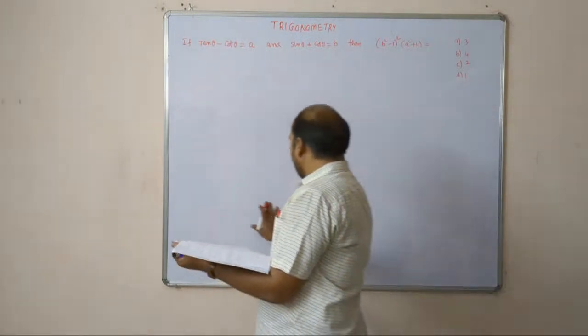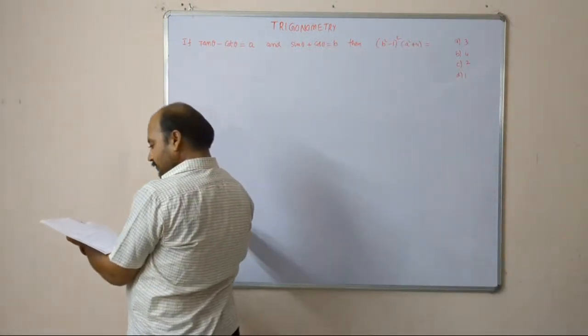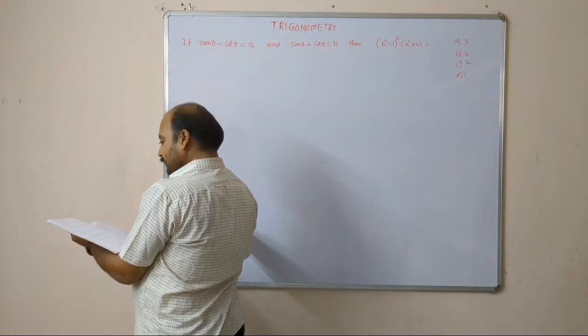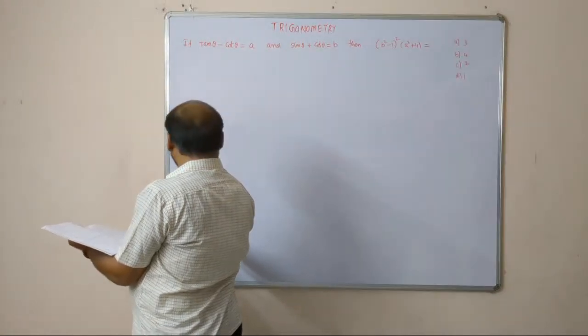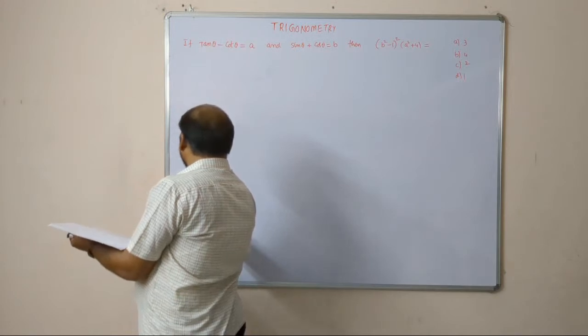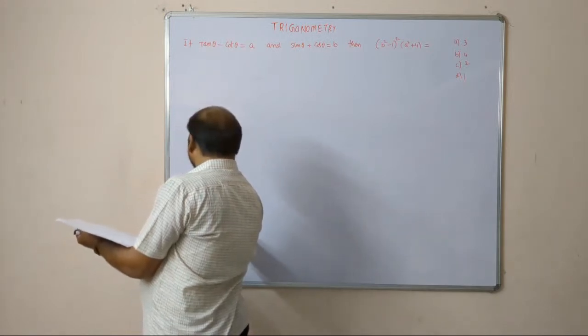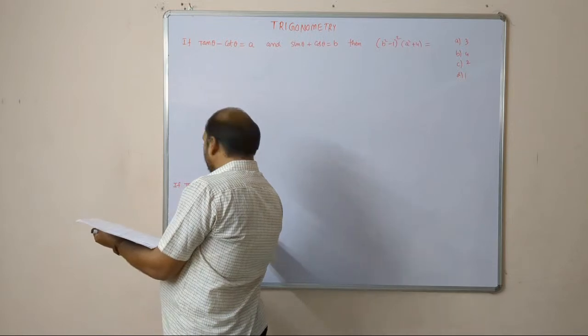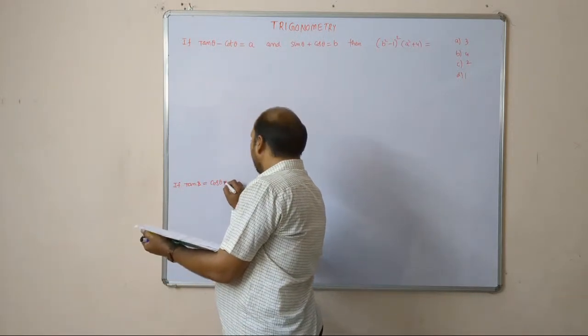After that, one more question I will explain. Tan beta is equal to cos theta into tan alpha.